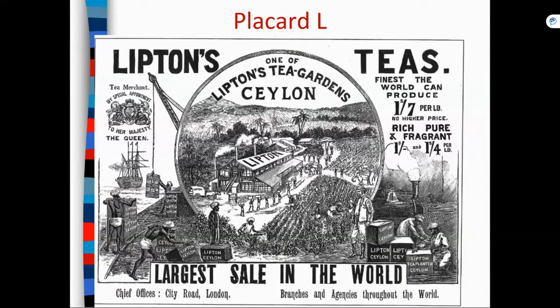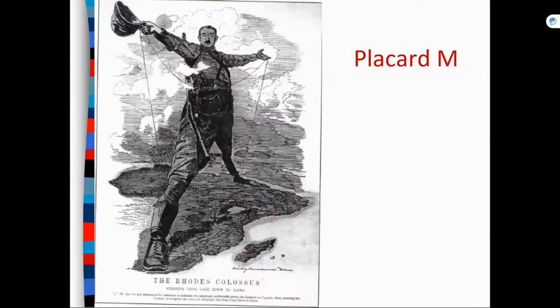Placard L. Lipton's Teas. British Lipton tea advertisement in the 1890s. Placard M. A British cartoon, The Rhodes Colossus, showing Cecil Rhodes' vision of making Africa all British from Cape to Cairo, 1892.